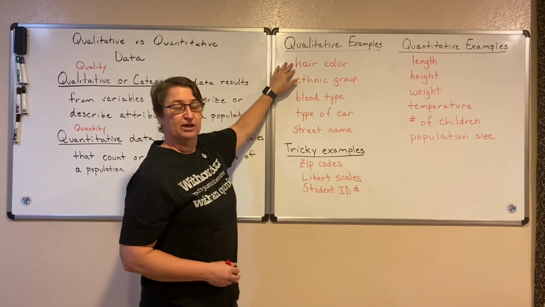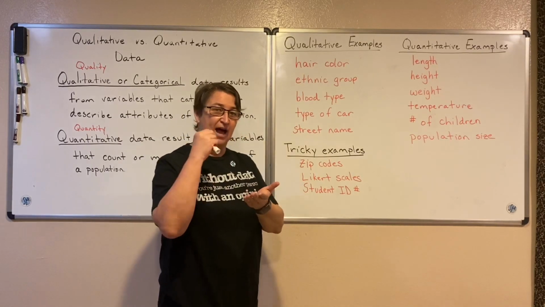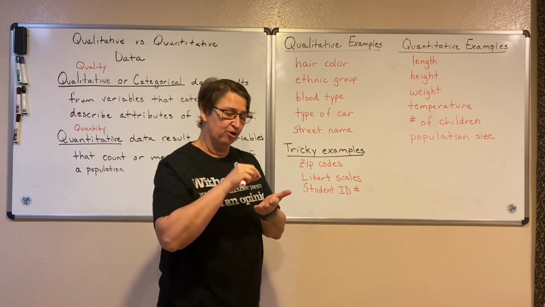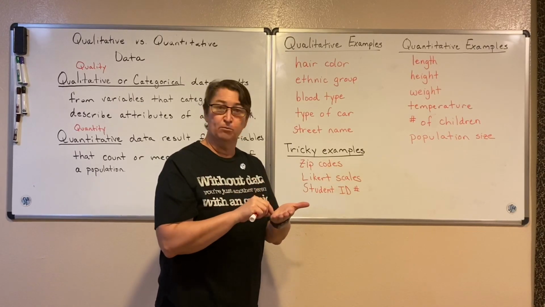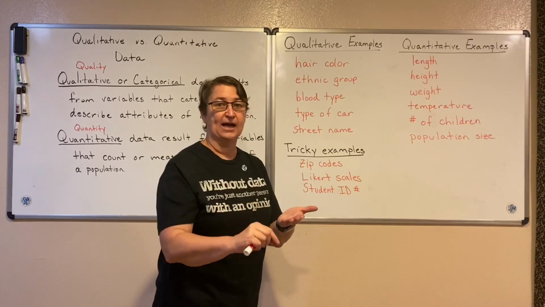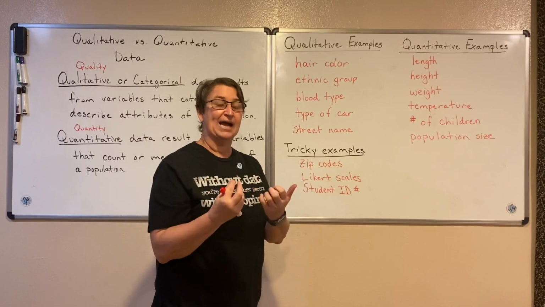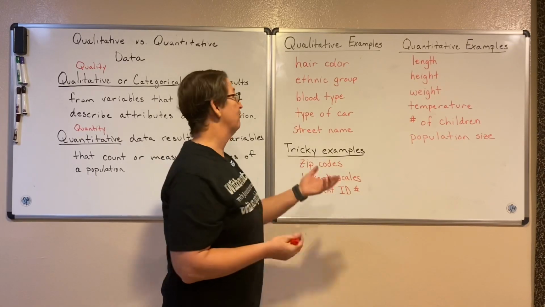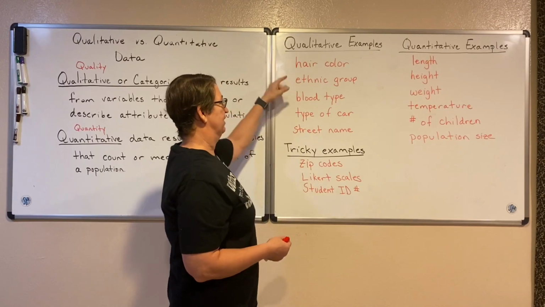Hair color is an example of qualitative data. If I ask you what color is your hair, you might answer brown or red or purple or black or blonde. You're going to give me a word back as the color of your hair. That's a quality or a category that you're putting yourself in.